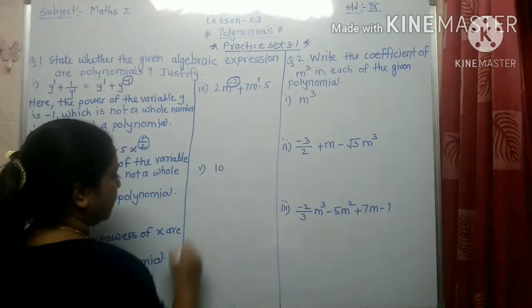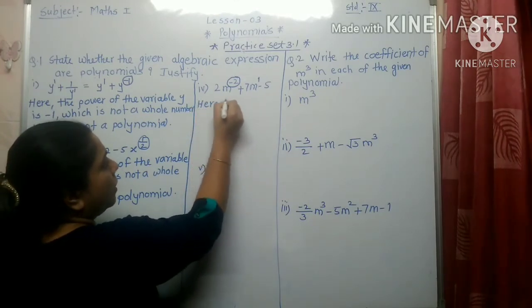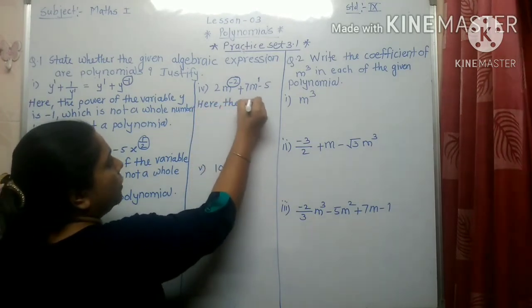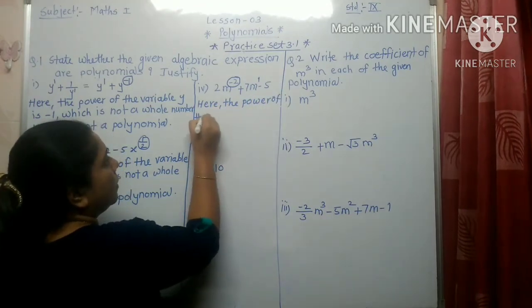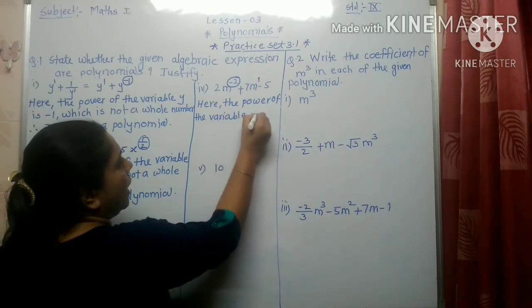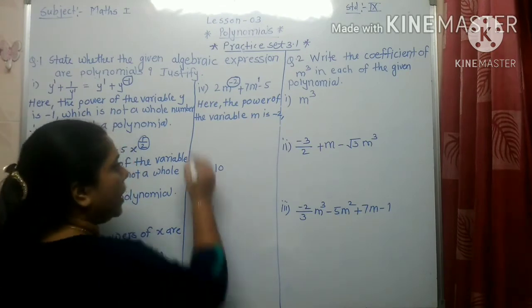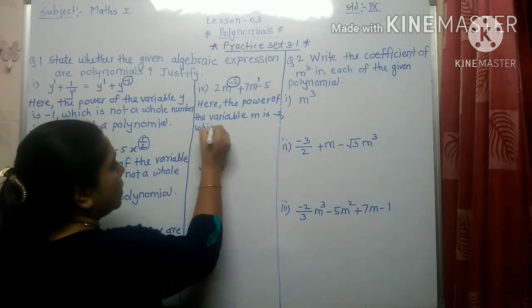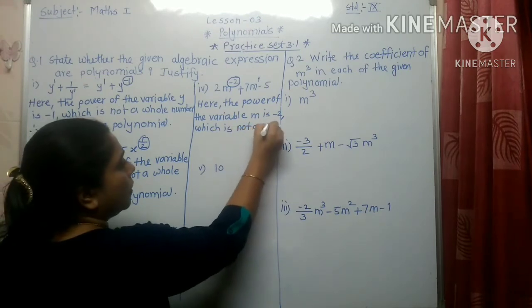In this case, I will write: the power of the variable m is -2. Am I correct? Which is not a whole number.